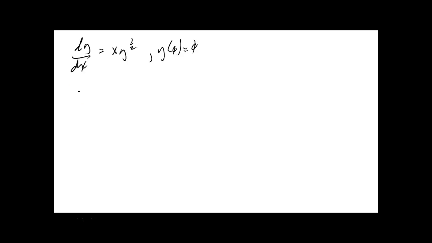Okay, that was my first inclination too, and that's exactly what I'm going to do, but I don't like having a radical in the denominator, and that's what the 1/2 stands for, right? So I'm going to write that as y to the minus 1/2 dy. Are you okay with that? That's going to be easier to integrate than having the dy over y to the 1/2.